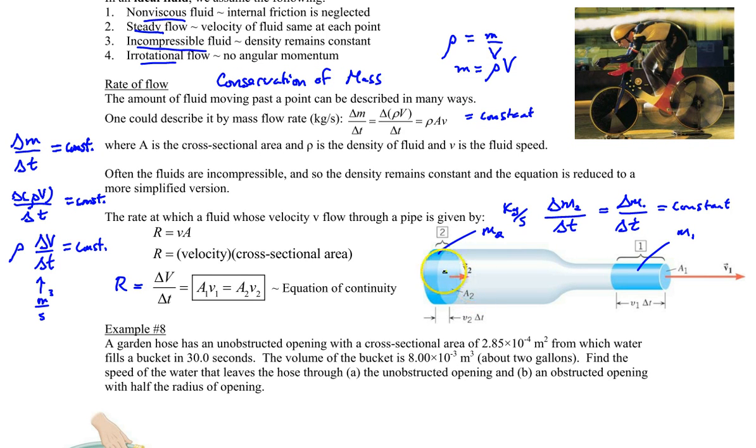Now if you look at the volume of this, remember that volume is the cross-sectional area of this side multiplied by the length, which for now I'll call L2, so volume 2 and area 2. And the same thing over here for this slug of mass, we have volume 1, which is cross-sectional area 1 multiplied by L1.